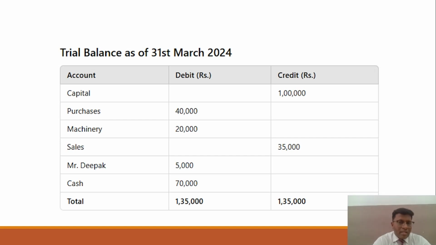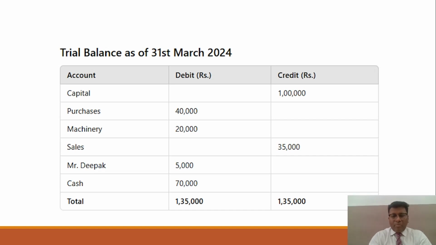Again, this is the summary, but in a particular format: debit, credit. So this is the format of the trial balance, as you have to mention all the accounts in the first column. And then if the account has a credit balance, then only on the credit side you have to mention the balance of the account. As you see, capital is rupees 1 lakh on the credit side, not on the debit side.